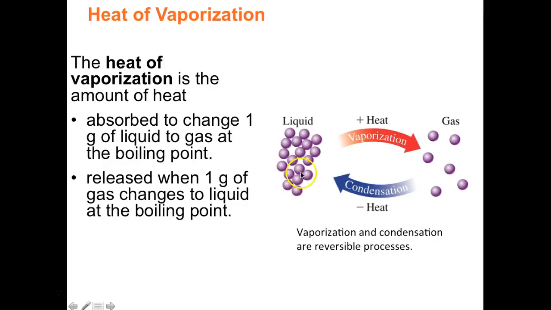So that amount of heat required to vaporize 1 gram of liquid water to 1 gram of water vapor is described as the heat of vaporization. And then when you take the gas and condense it to the liquid, it's that same numeric amount of heat that is to be removed.